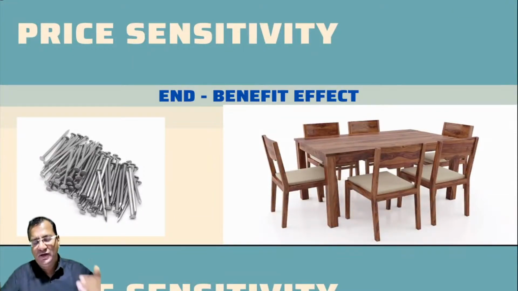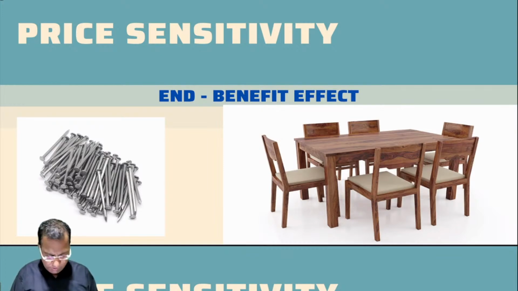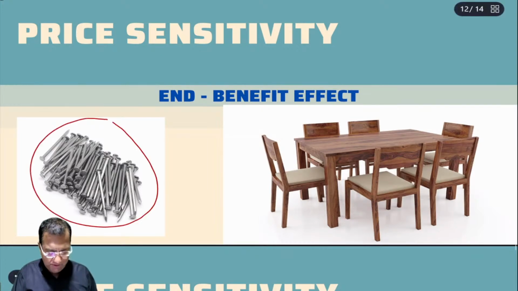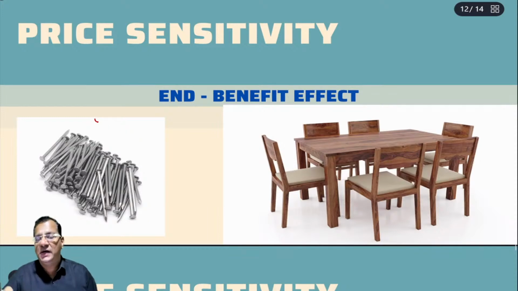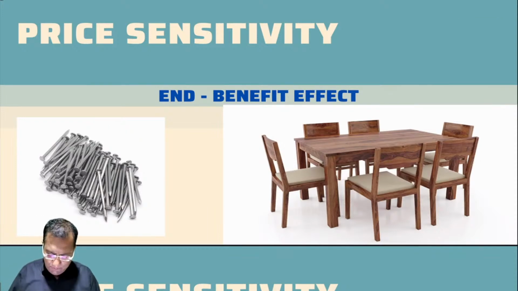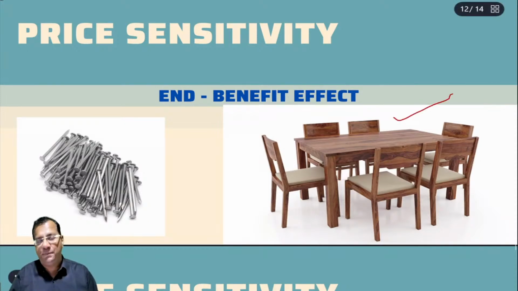Only the difference is if my product is meant for a corporate customer, then the same is known as end benefit effect. If my product is meant for a non-corporate customer, that is known as total expenditure effect. So here suppose the nails cost ₹80 per kg and my customers are the corporates who are producing furniture.